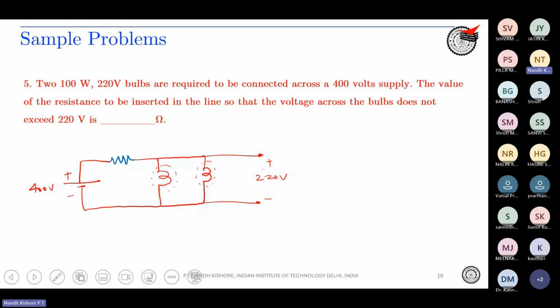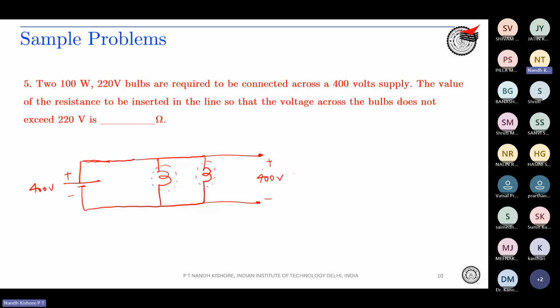So you can understand that if there was no resistance over here, and I directly connect this, the voltage across the bulb is going to be 400 volts. If I do not have any dropping element, the voltage across the bulbs is actually going to be 400 volts.